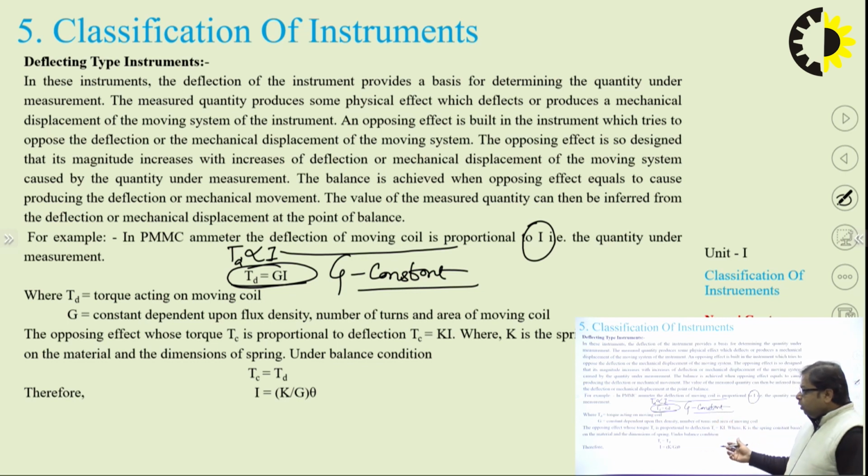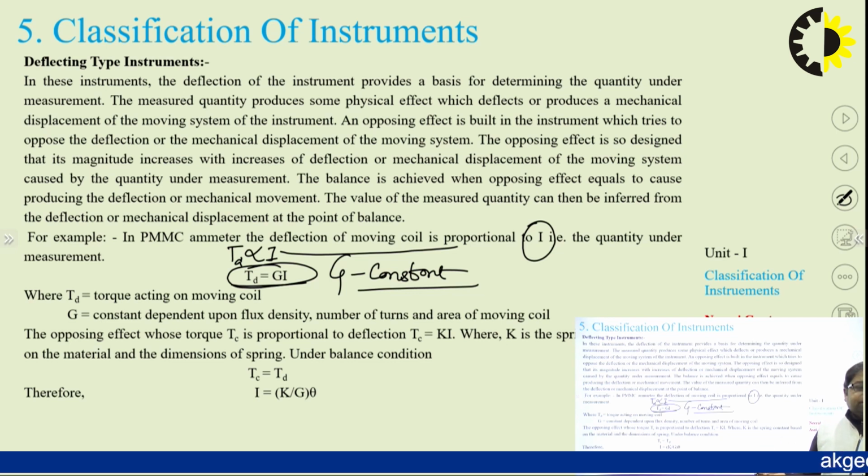Now, if there is a deflecting torque, there should be a controlling torque as well. If due to current I there comes a deflection of theta, then there should be a controlling torque which will counterbalance this deflecting torque at an angle which shows the current value.